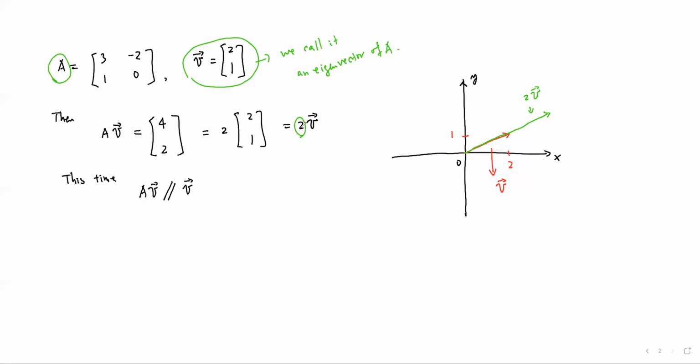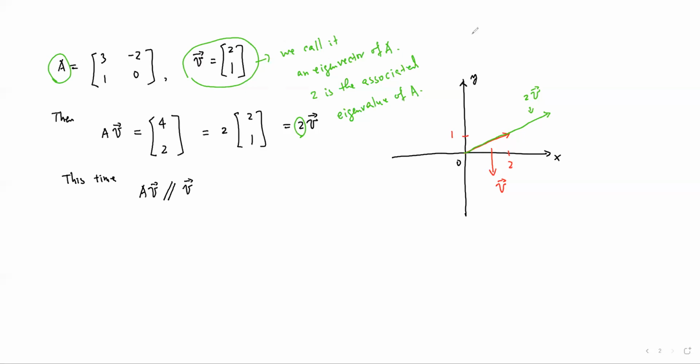We call this number 2 the associated eigenvalue of matrix A. When A times V is parallel to V, V is called an eigenvector, and this scalar 2 is the eigenvalue.